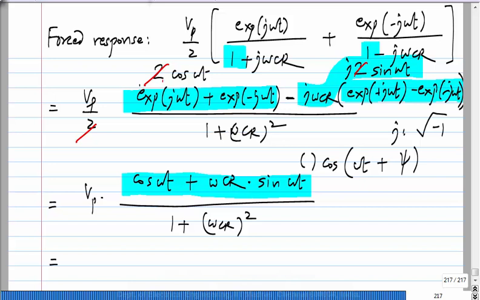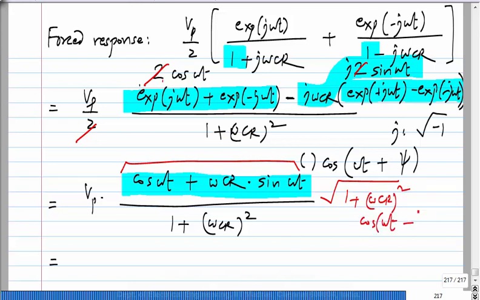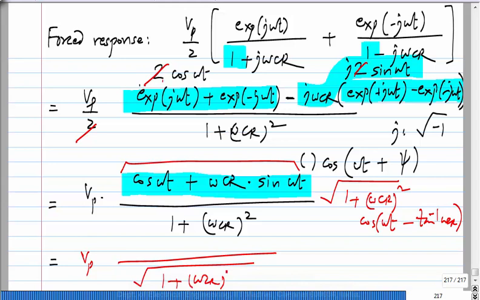So, the amplitude of this would be square root of 1 plus omega CR squared, and we will have cos omega t minus tan inverse omega CR. Okay. So, the whole thing will be equal to Vp, the denominator we have square root of 1 plus omega CR squared, and we have cos omega t minus tan inverse omega CR. Okay.